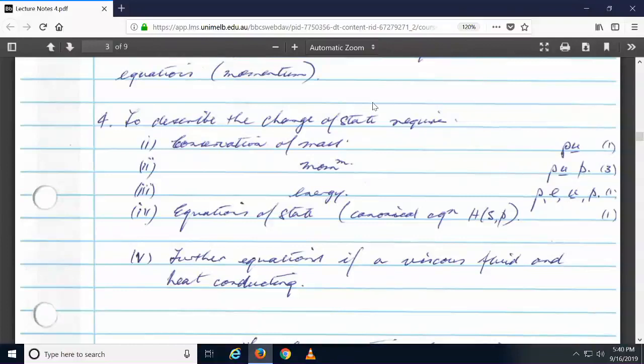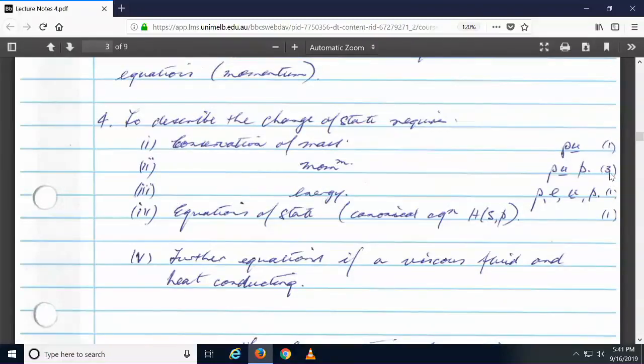And that's one equation. And lastly, we need an equation of state, a canonical equation of state. So we have H of S and P, for example, and that's another single equation. So we have 1, 2, 3, and 3.